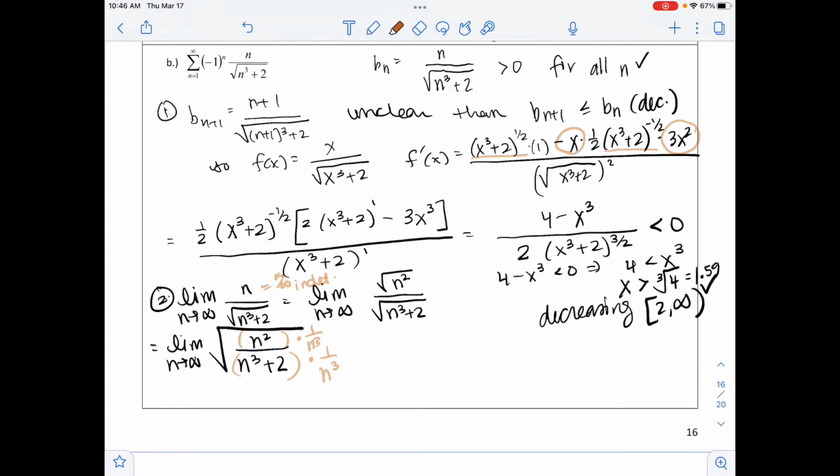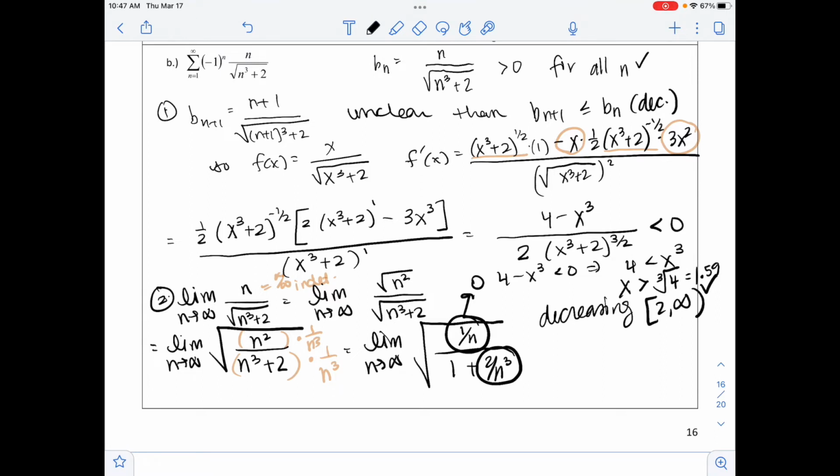And when we do this, we're going to have the limit as n approaches infinity of the square root of 1 over n all over 1 plus 2 over n cubed. And so from here, as we take the limit, you'll notice that our numerator is going to 0.